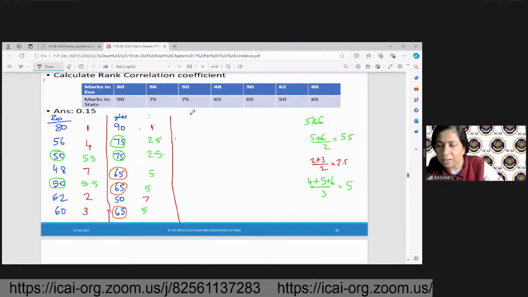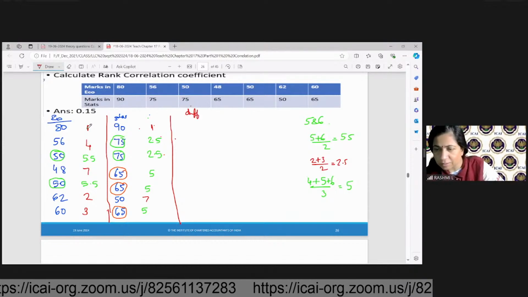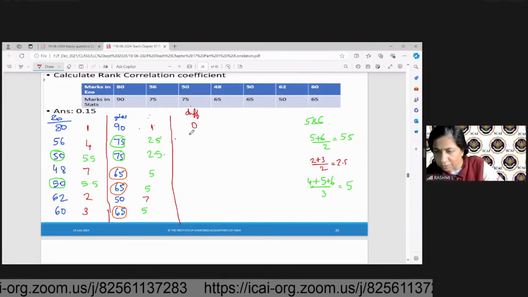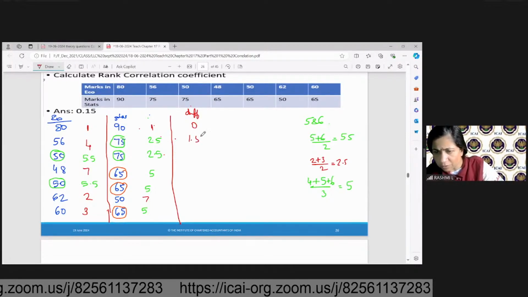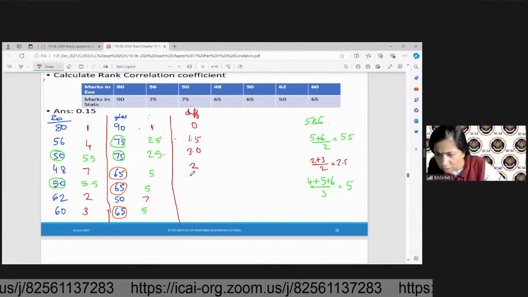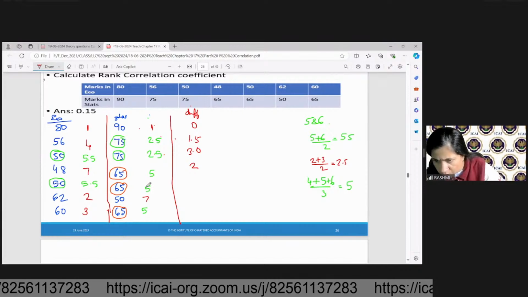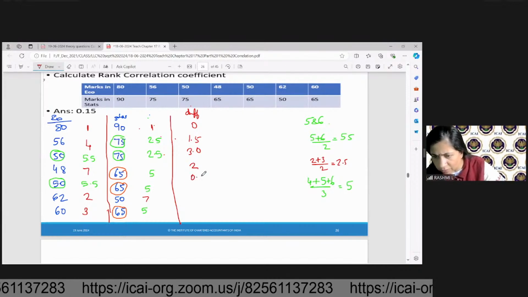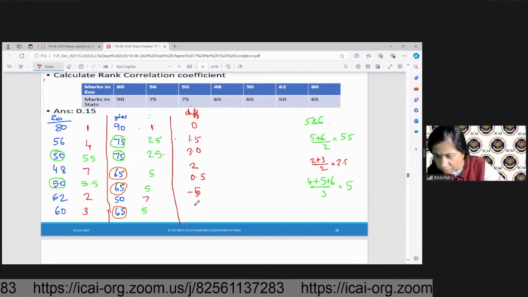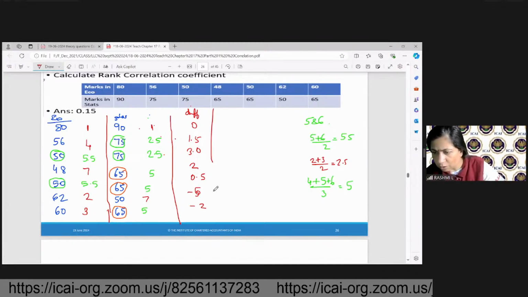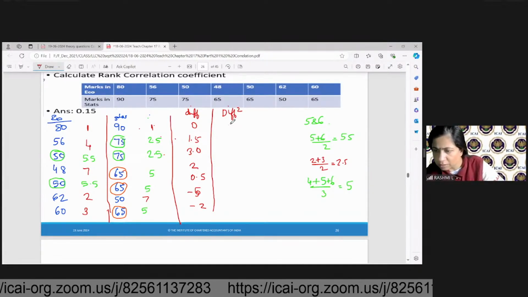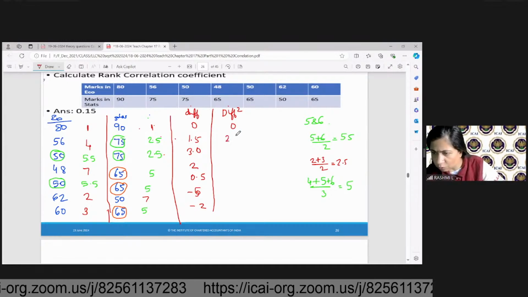Now I will find the difference. 1 minus 1, 0. 4 minus 2.5, 1.5. This is 3. This is 2. This is 0.5. This is minus 5. And this is minus 2. Now what you have to do is square the differences. 0 square, 1.5 is 2.25.